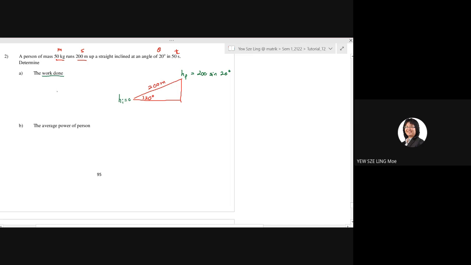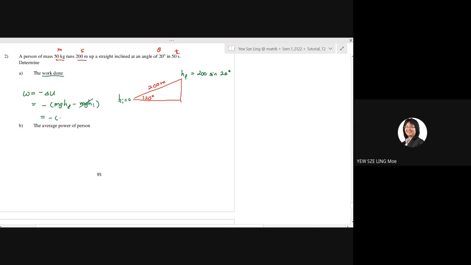Work done, W, is now, because you're running up, and there's a change in the potential energy, therefore W equals negative delta U, which equals negative mgh final minus mgh initial. So initial, straight away you can cross it out because it's 0.